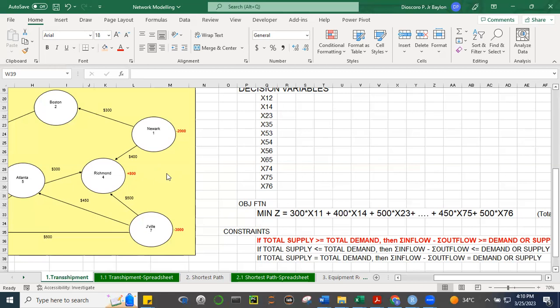So it should be greater than or equal to what? 800. So that's the constraint for node 4 because this is a demand node. If it's a demand node, then it should be plus. If it's a supply node, it should be minus, as far as the constraint is concerned.